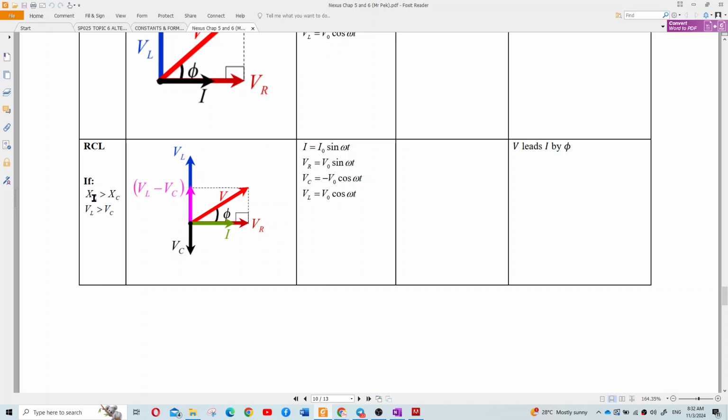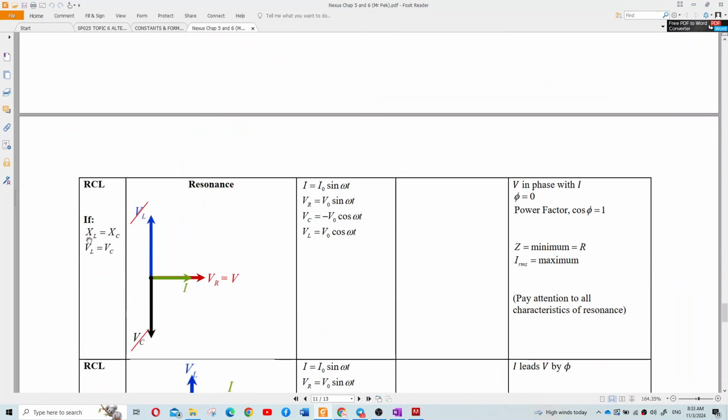If XL is bigger than XC, then VL is bigger than VC, so VL is longer than VC. That means the inductor has bigger reactance compared to the capacitor. That's why VL is longer and VC is shorter.